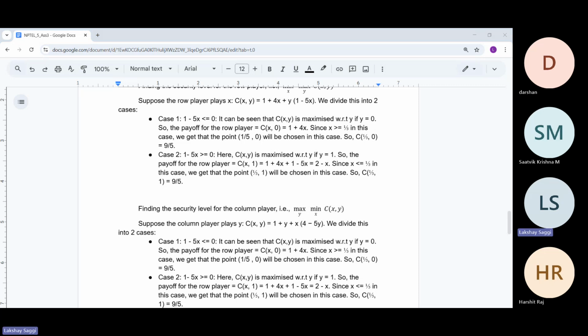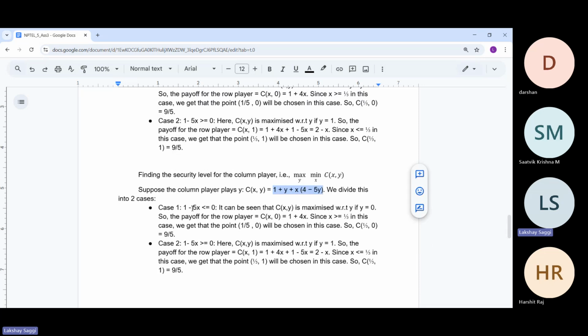So nice job, Harshit. Harshit has already made things easy for me, and he has already written down case 1 and case 2 in the charts. Thanks for that, Harshit. So this is what we'll have: 1 plus y plus x times 4 minus 5y. And again, we divide into two cases like we did earlier. For a given y, we want to see what the row player will choose as x so that this expression is minimized.